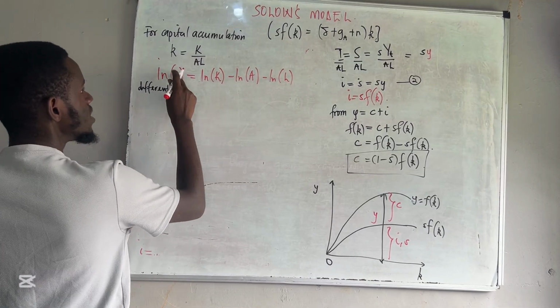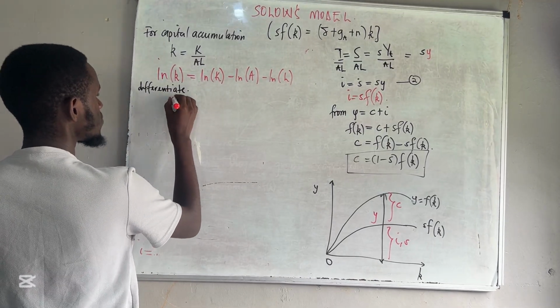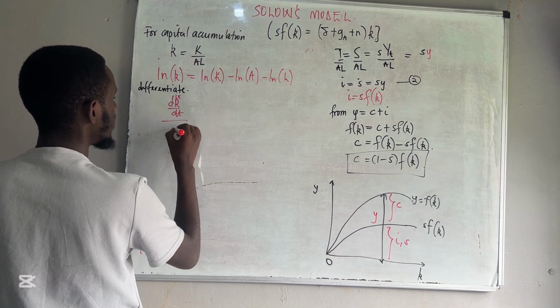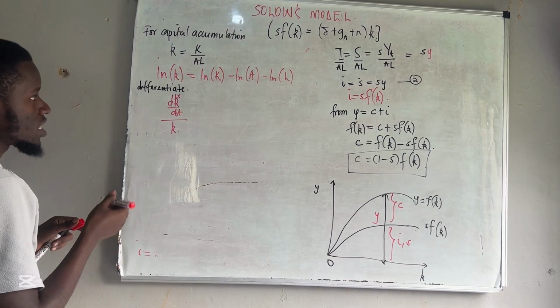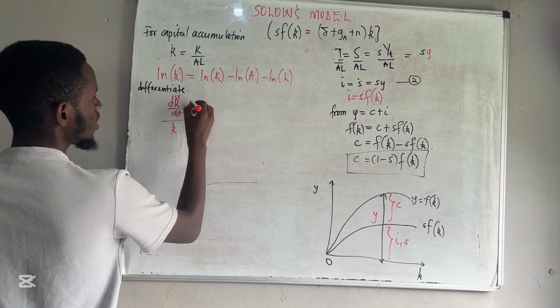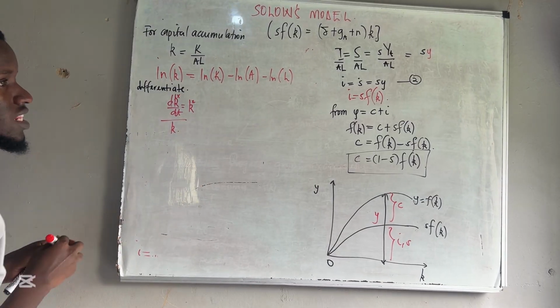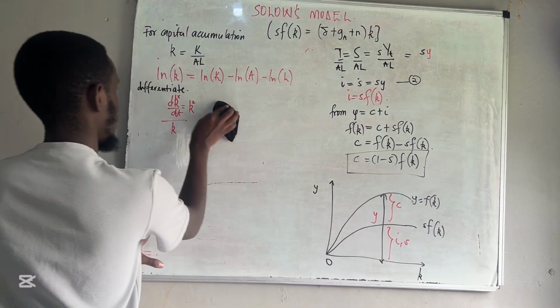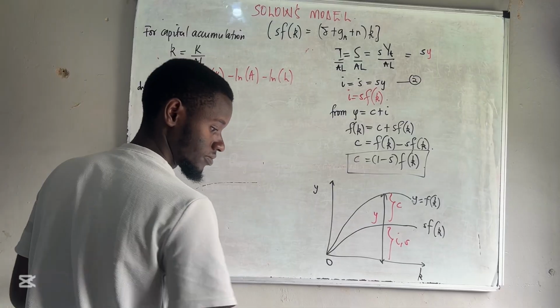Therefore, I'll have something like this: dk/dt divided by small k. For us, if we take our derivative, we're going to just call it small k dot. If you simplify, I'm just getting the derivative, the change. Therefore, from here, I can just write it like this.